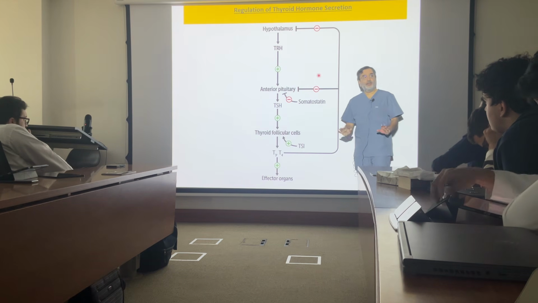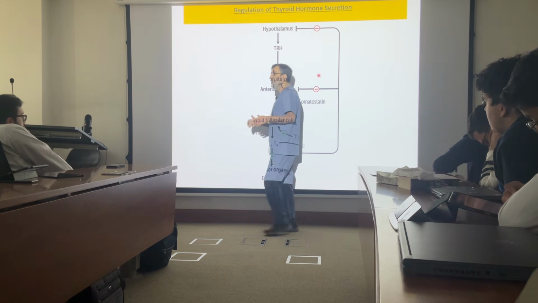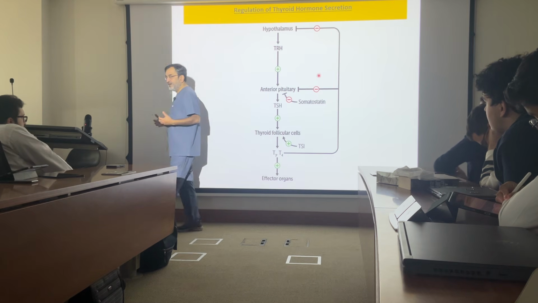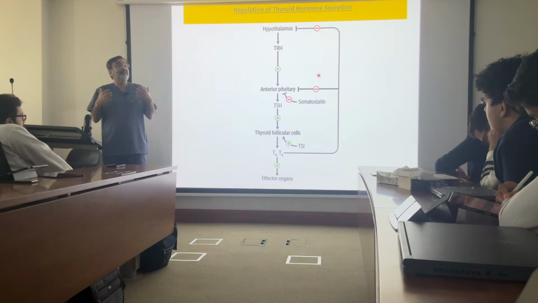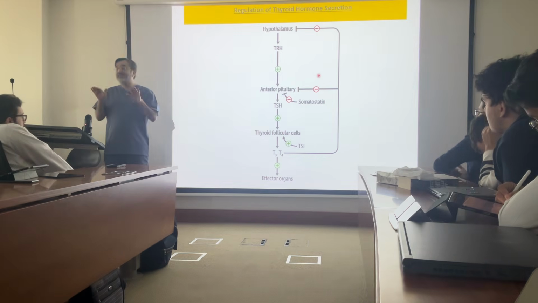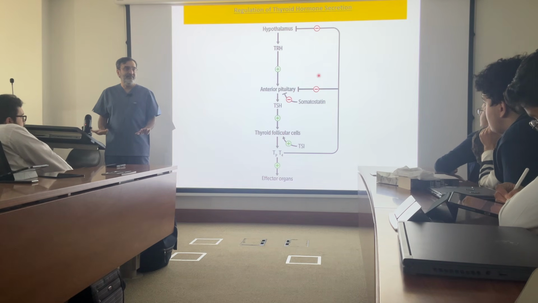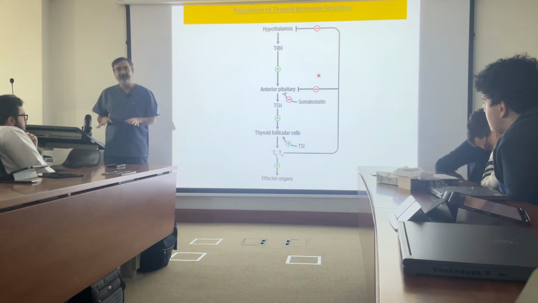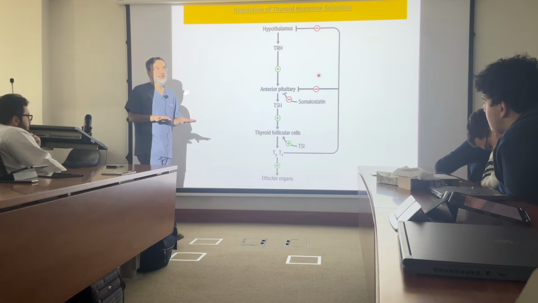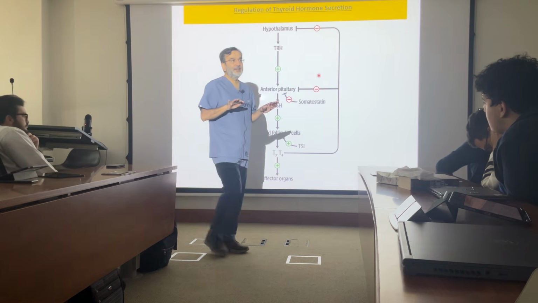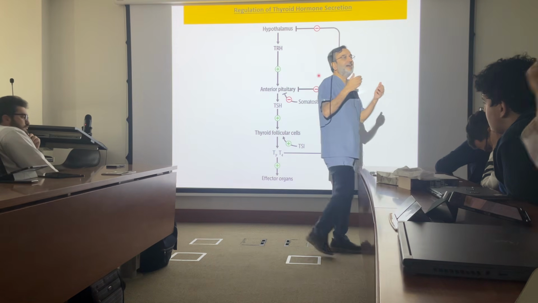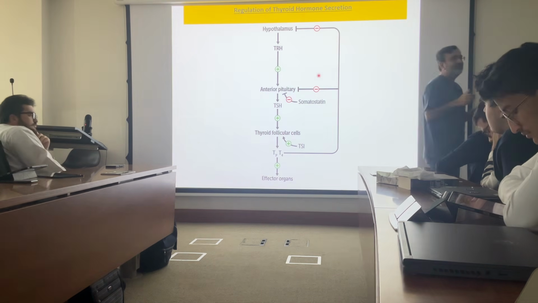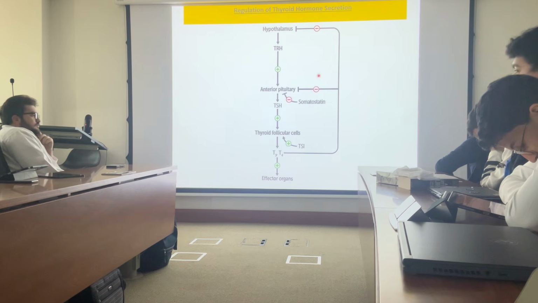So whenever you have high levels of T3 and T4, or hyperthyroidism, your TSH levels will be low and your TRH levels will be low. When you have hypothyroidism, that means your thyroxine levels are low, or T3, T4 levels are low, you would have higher levels of TSH and higher levels of TRH.